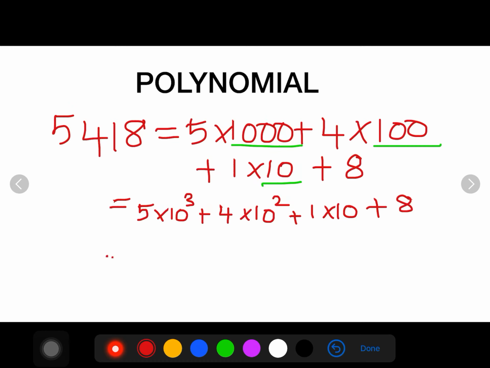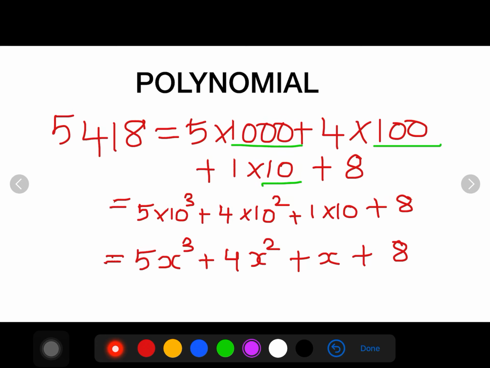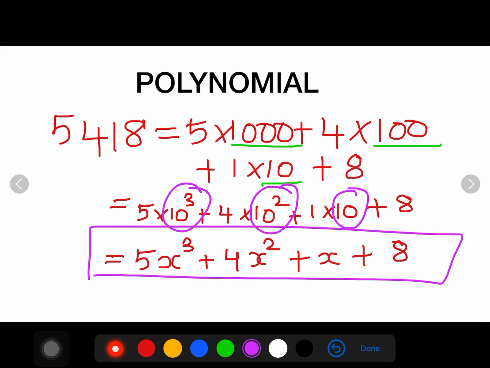Now if you try to write this expression in a general form, you will write it like this: 5 into x cube plus 4x square plus x plus 8. This 10 cube, 10 square, this 10, if you express it in a general form, you will express it like this. So this one is called a polynomial.